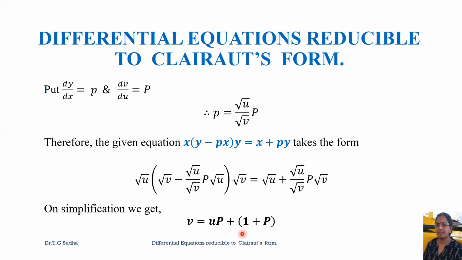So this is once again in the Clairaut's equation form. This Clairaut's equation is in new variables, that is v, u and capital P. So v is equal to up plus 1 plus p. So now we need to write the general solution by replacing capital P by the constant C.